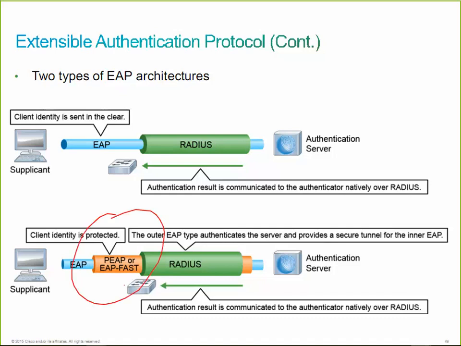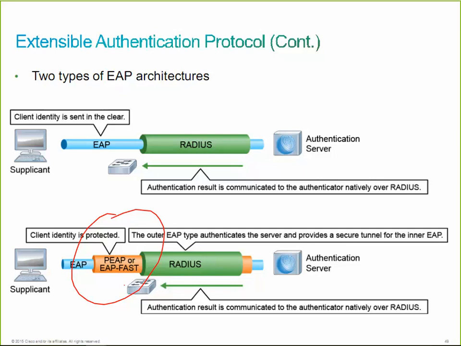EAP-FAST uses a challenge response, but it uses symmetric cryptography. It doesn't use RSA or public key cryptography, so that's one of the major differences from PEAP. It can use one-time passwords for client authentication, and we can also do server-based authentication, and it supports plain passwords, etc.